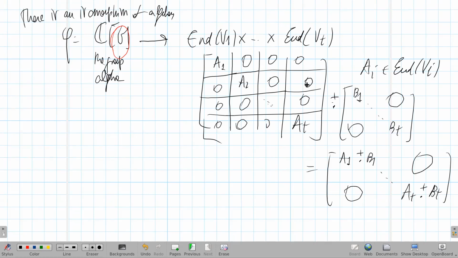It's how block matrices behave with respect to sum and multiplication. You sum and you multiply. So this means no matter if you take plus here, you take plus here. If you take times here, you take times here.